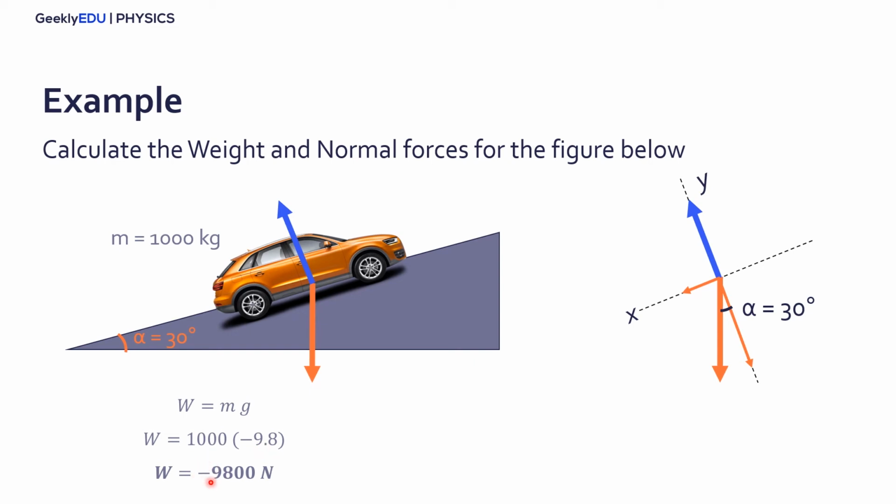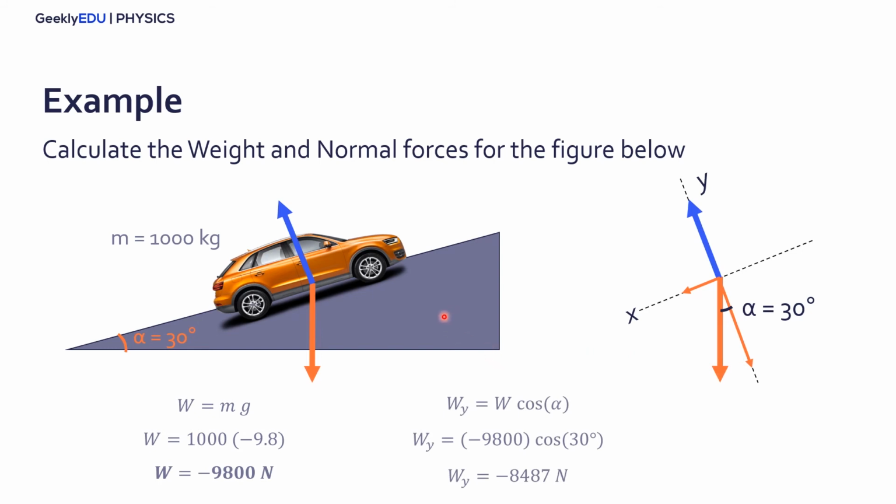This negative sign just means that it's pointing down, alright? It's pointing down because of the system we considered. The x and y axis are up and right are positive, so the weight is on the negative side, okay?